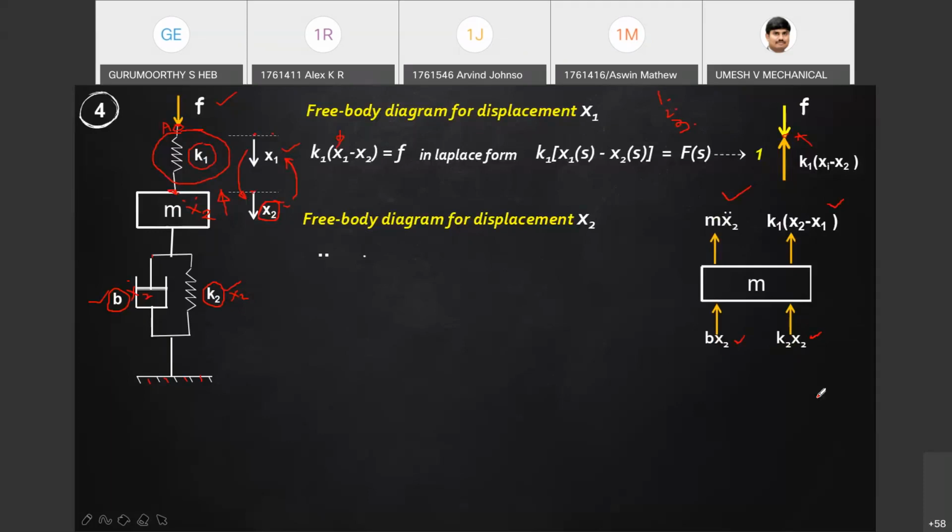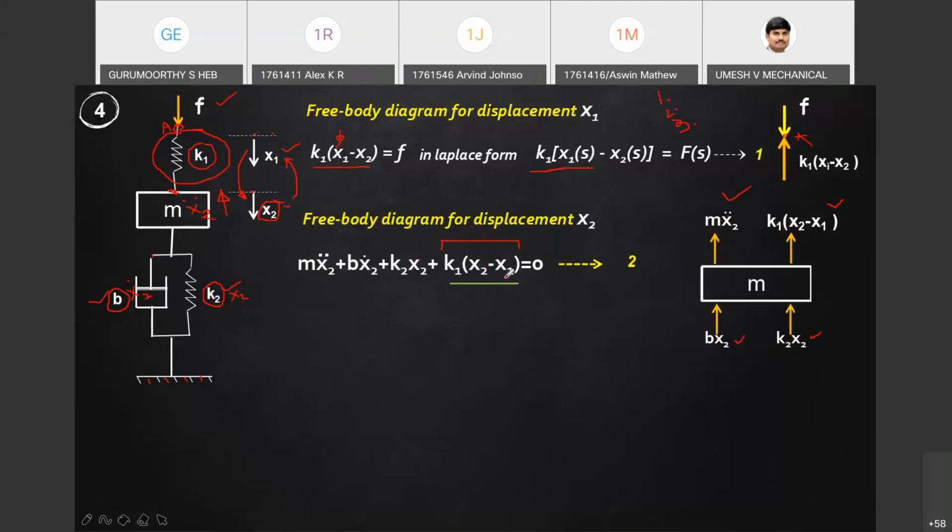So now write it in the equation. It is in the free body diagram: Mx2 double dot plus Bx2 dot plus the variable. Now this is equation 2. Here X2 is there.